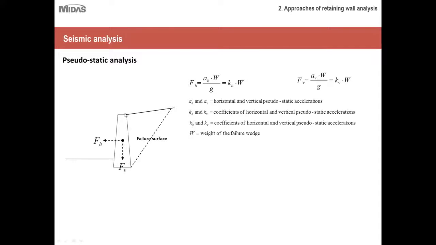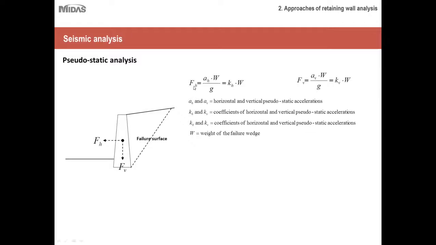So what we do is we first take the actual shape of the gravity wall, then we connect the dots at a given angle depending upon the internal angle of friction, and then we say that this is the wedge that will fail. So what is the mass of this wedge, and that would cause instability in the lateral direction and in the vertical direction.